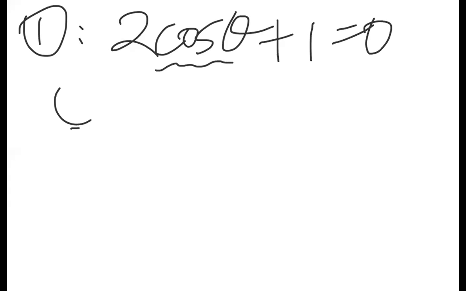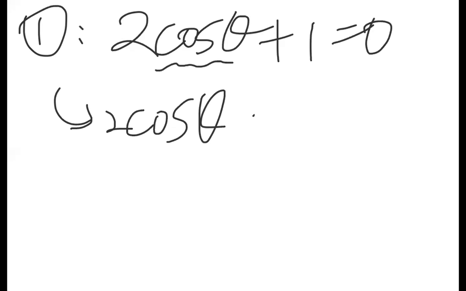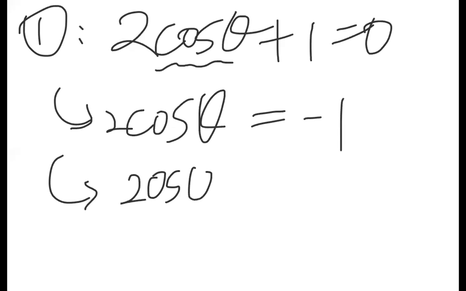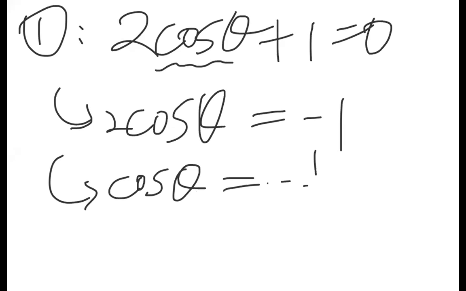To simplify this, you subtract 1 on both sides of the equation, followed by dividing by 2. So now you have the equation cosine theta is equal to minus 1/2, right?